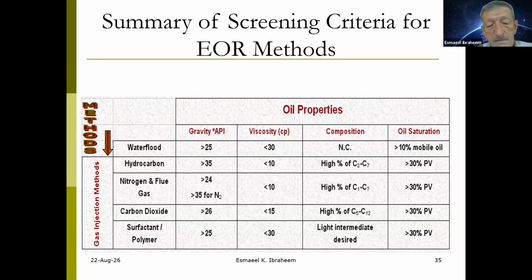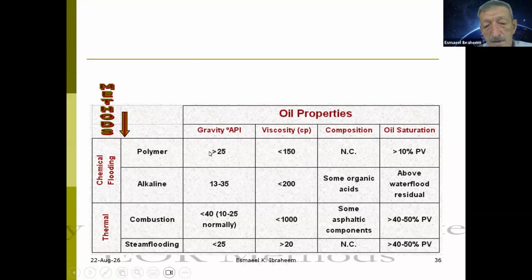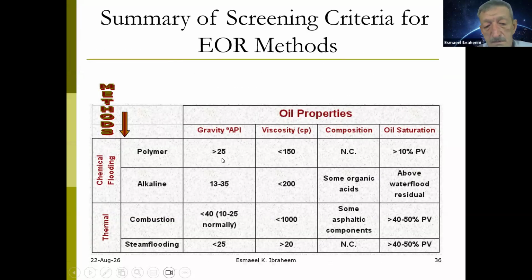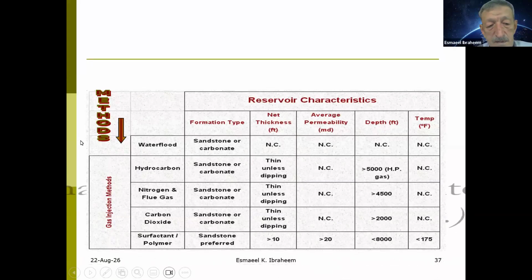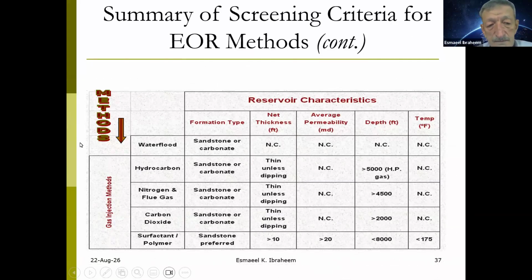Here is a summary of screening. We have the water flood. Formation type: sandstone or carbonate; net thickness not applicable or not a requirement.